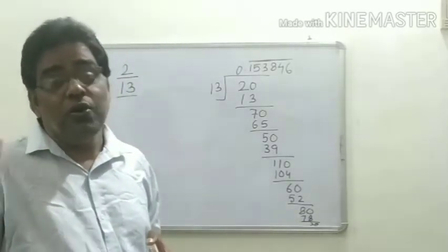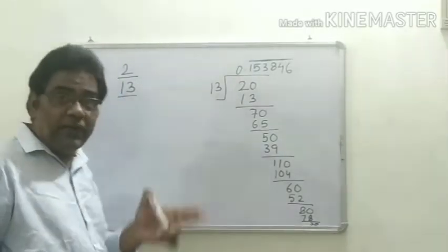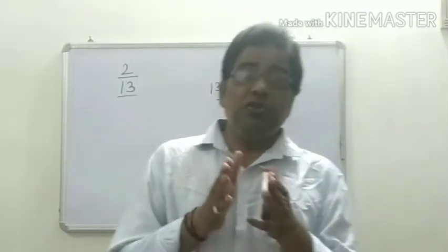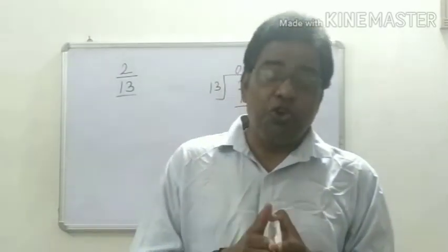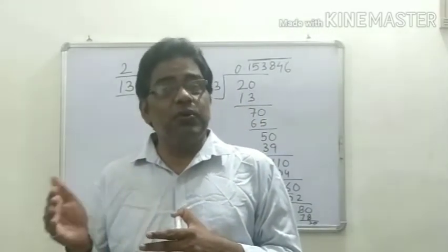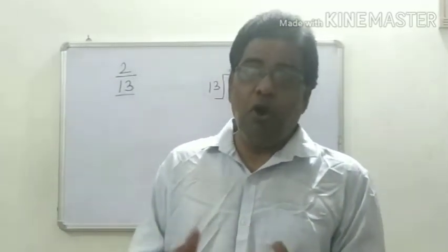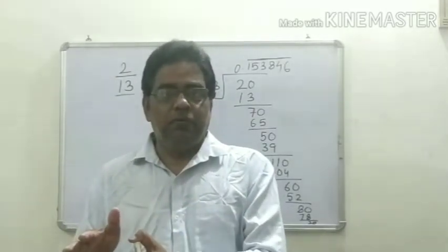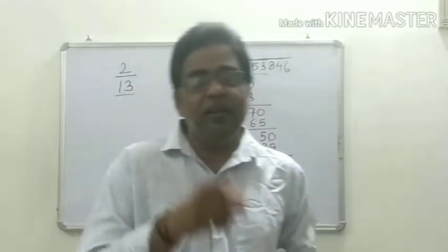So whenever you get a rational number, in simplified form, whose denominator contains factors other than 2 or 5, or does not contain 2 or 5 or both, then that rational number will be non-terminating but recurring.